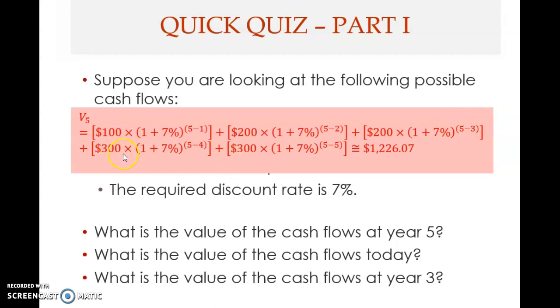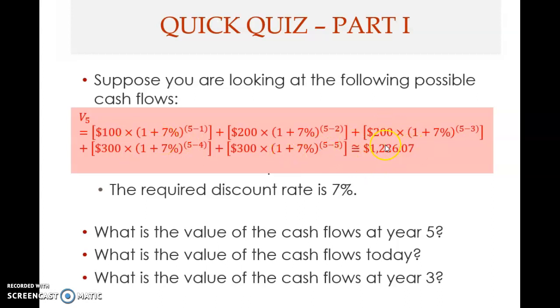And then the 4th and the 5th, you do it the same way. This one you compound for 1 year, this you don't compound, because 5 minus 5 is 0. Anything raised to the power of 0 is actually 1, so this is just 300, because this 300 occurs at the end of year 5. Okay, and therefore you don't need to compound. You just add them. But I'm just showing you the formula so that it is complete.